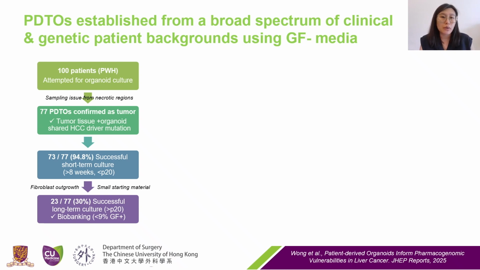Interestingly, we noted that the last few steps, from short-term to long-term success rate, can be adversely affected by some fibroblast outgrowth and definitely the smaller starting material, because they rely on heavy seeding density.